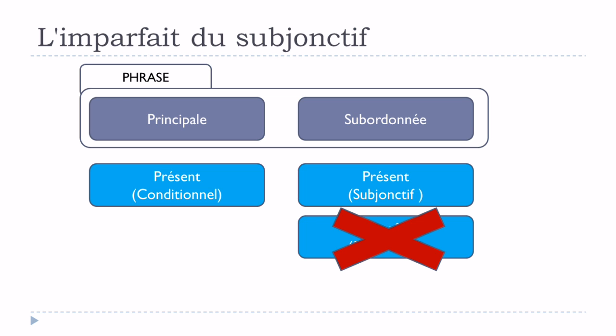But let's say that in most of the cases this form won't be used, even if it would be possible and it would be correct, but in most of the cases people will skip that and they will stay with présent du conditionnel and then présent du subjonctif.